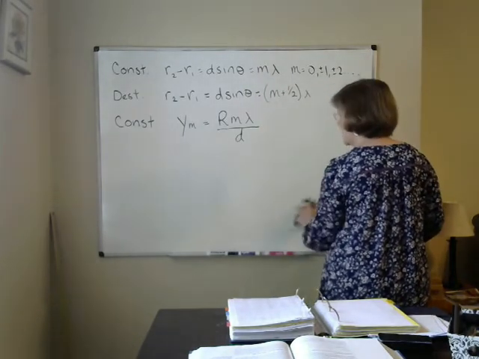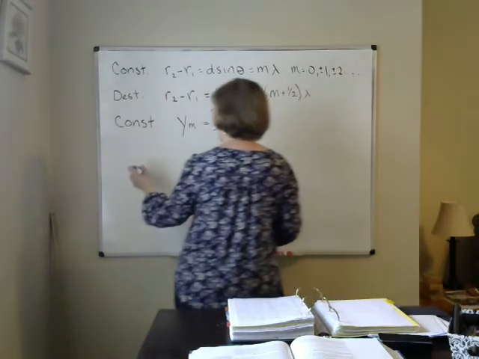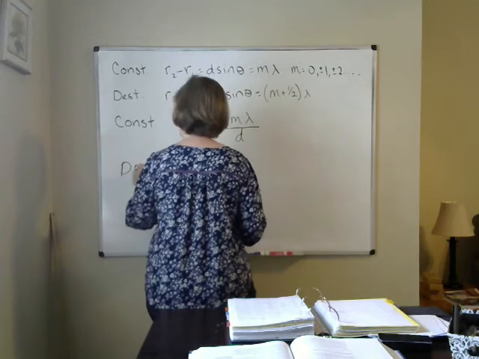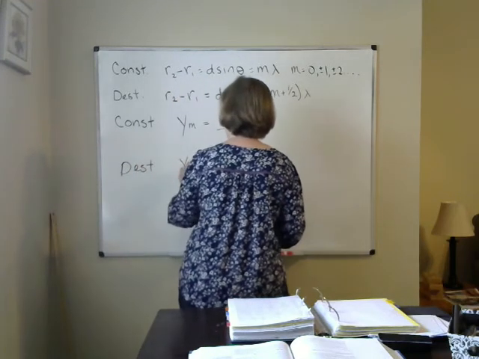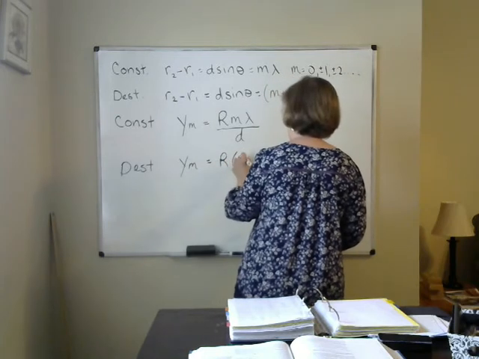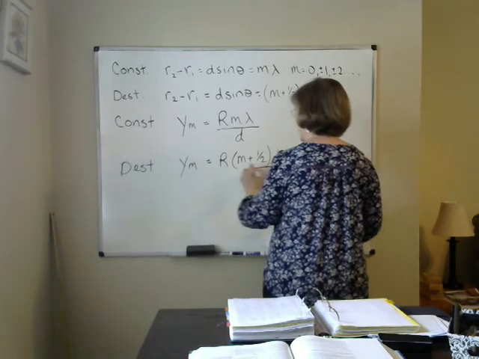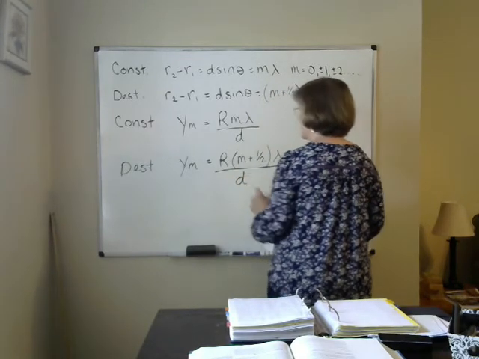It's not the size of the slit opening, it's the spacing between them. And there again, if we want destructive, we want to know where those dark spots are, it's m plus 1/2 times a wavelength over d.